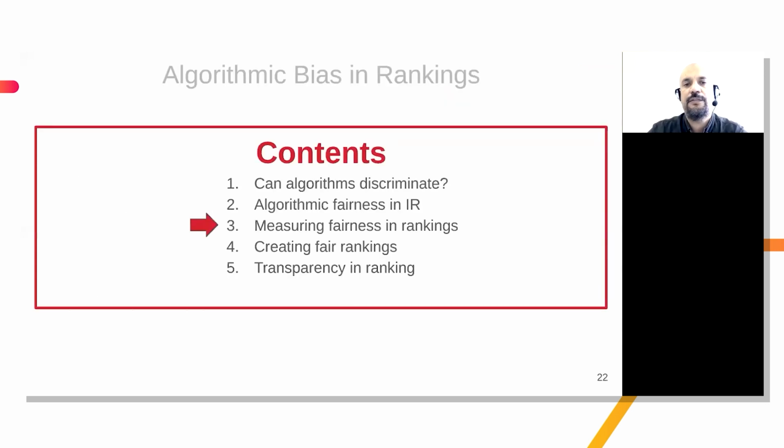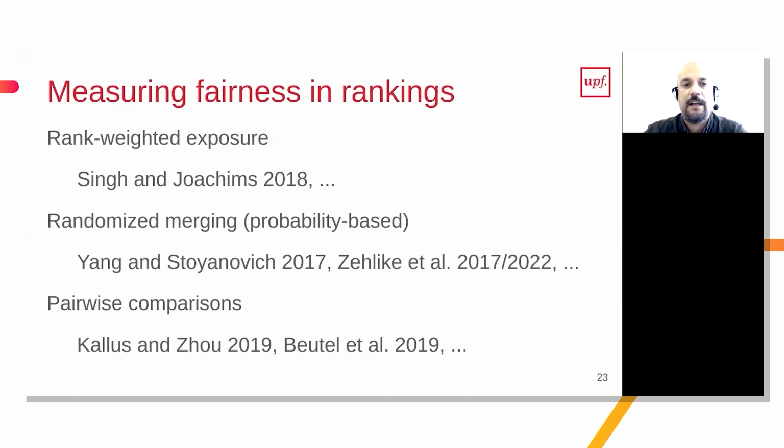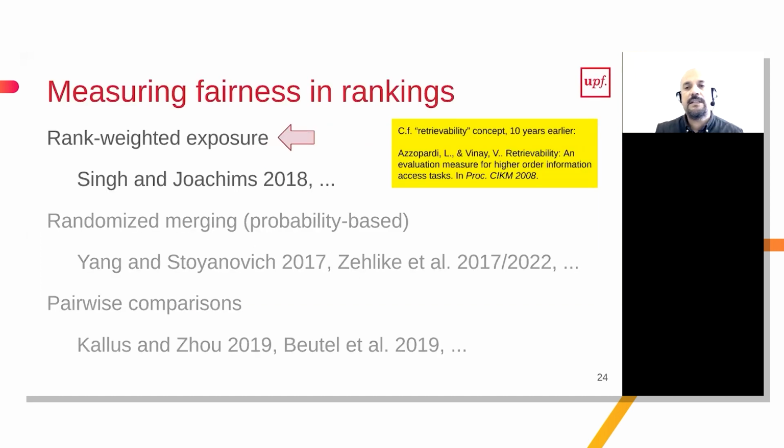Now, there are many ways of measuring how fair a ranking is. In 2008, there was a paper about retrievability, and those ideas remained dormant for 10 years until they were picked up by Thorsten Joachims and Singh, who in 2018 started talking about exposure.